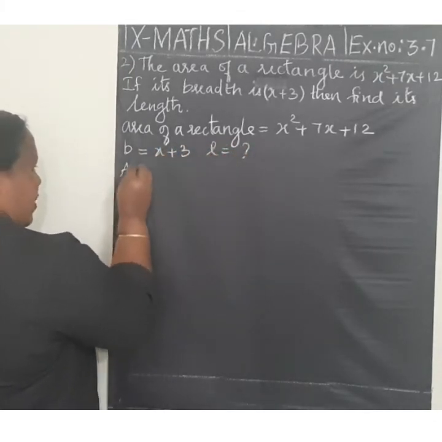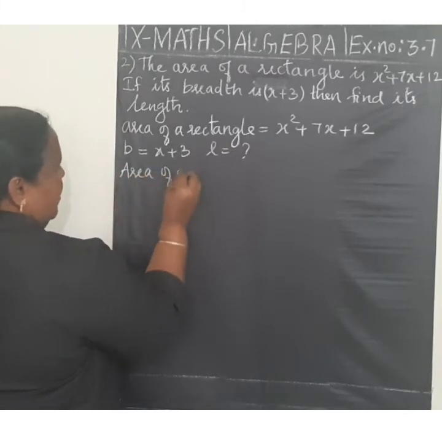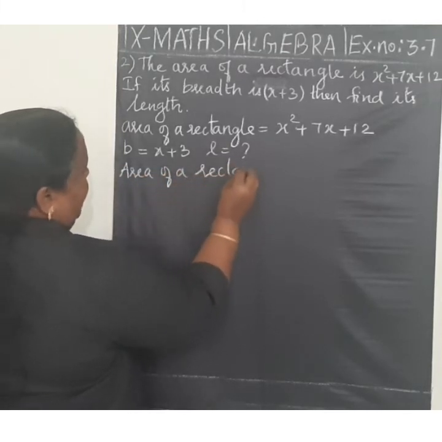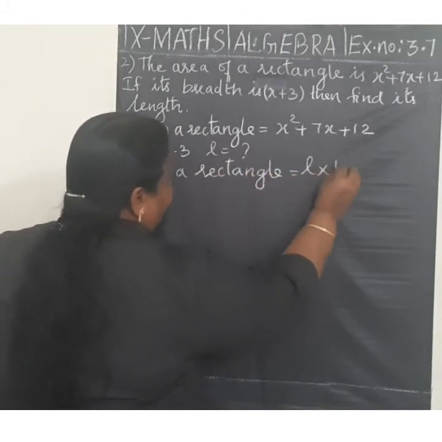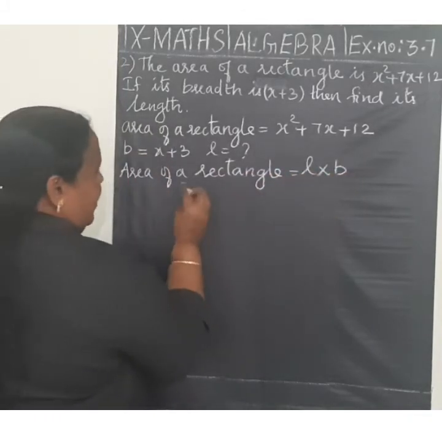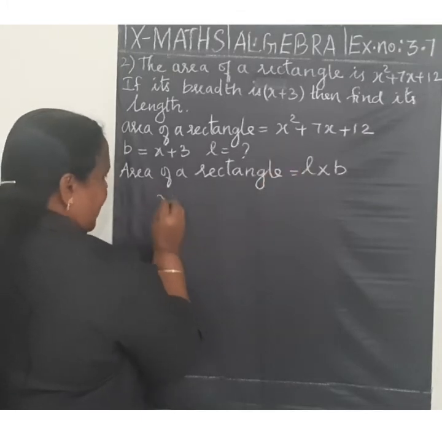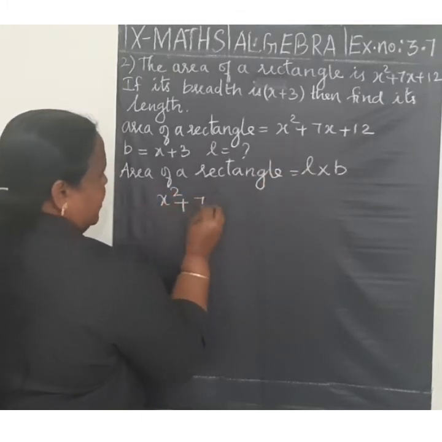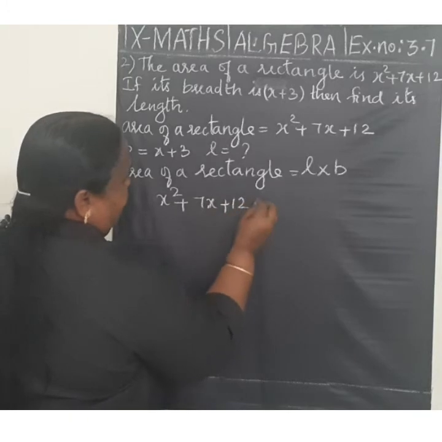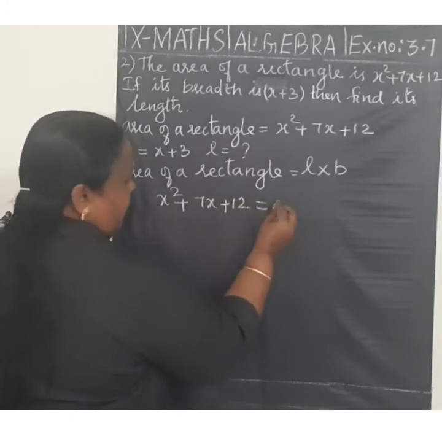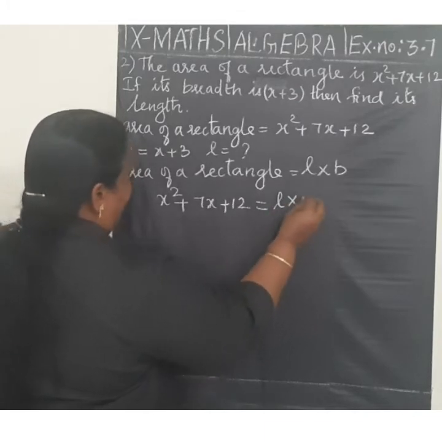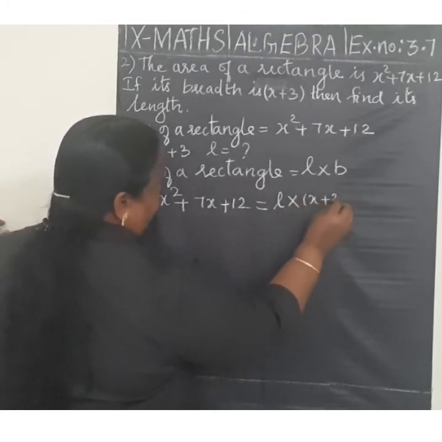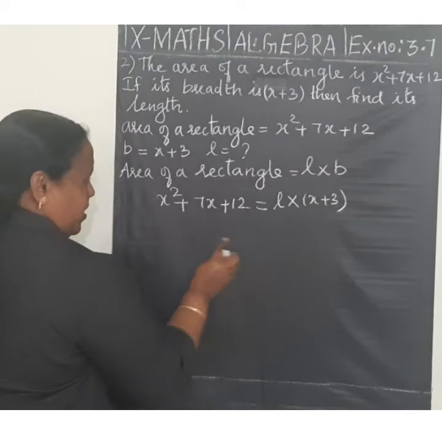So we know the formula: area of a rectangle is equal to L into B. Here they have given the area as x square plus 7x plus 12, which is equal to L, the length we have to find, into the breadth x plus 3. So bring this x plus 3 to this side.